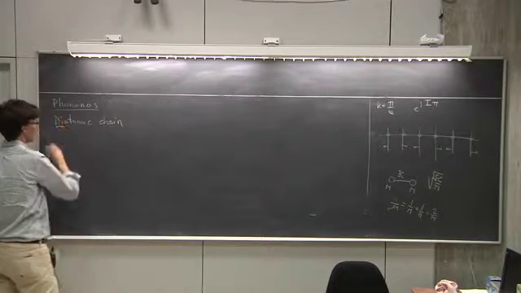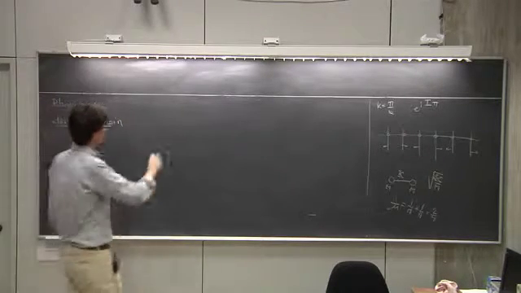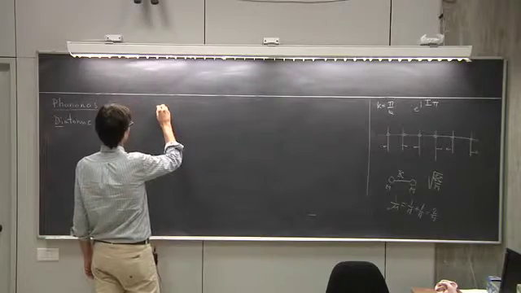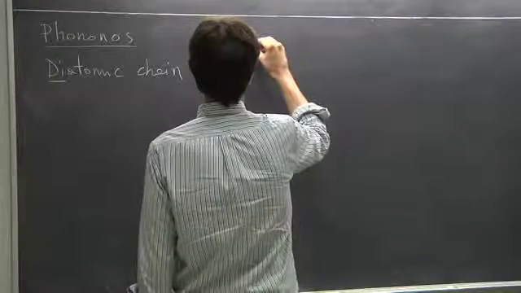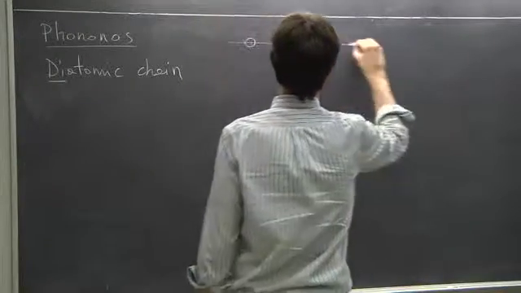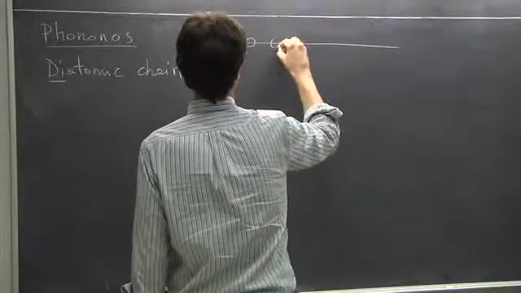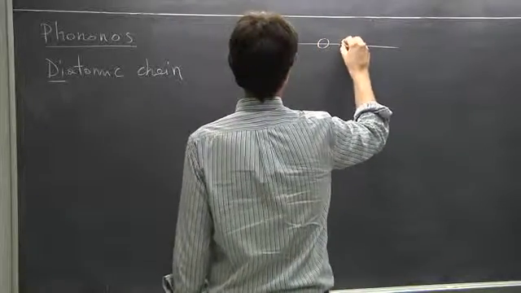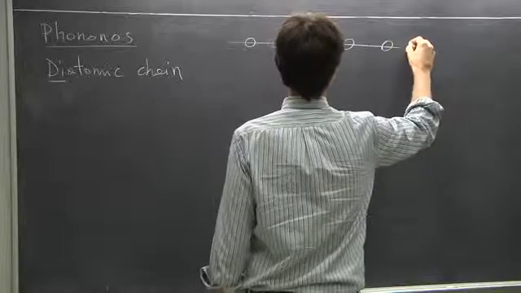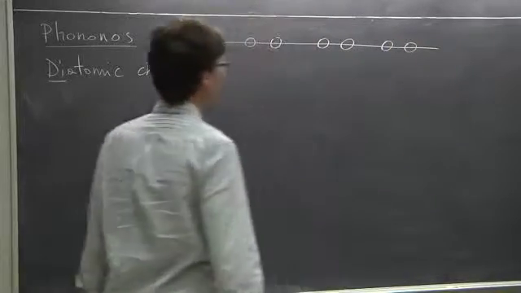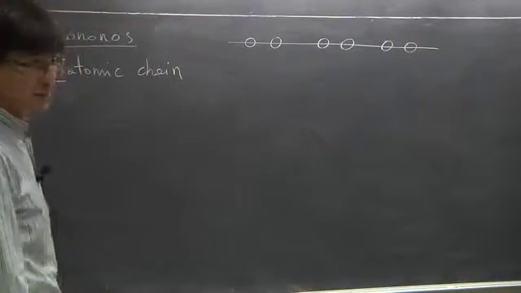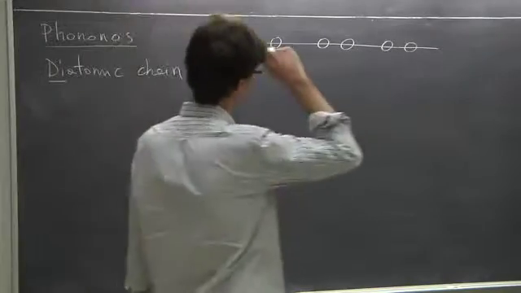So the model is now the following. We have X here, and then we have a system made of 2 atoms per unit cell, okay?